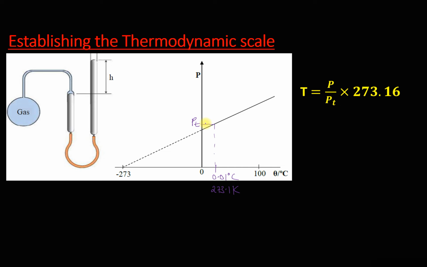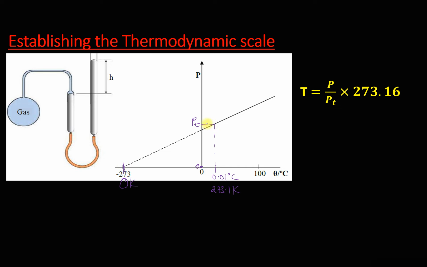The second point is this point here, where the pressure is 0, which is called the absolute zero, going to be 0 Kelvin. So negative 273 is 0 Kelvin. So we have 0 Kelvin here, and we have the triple point here.